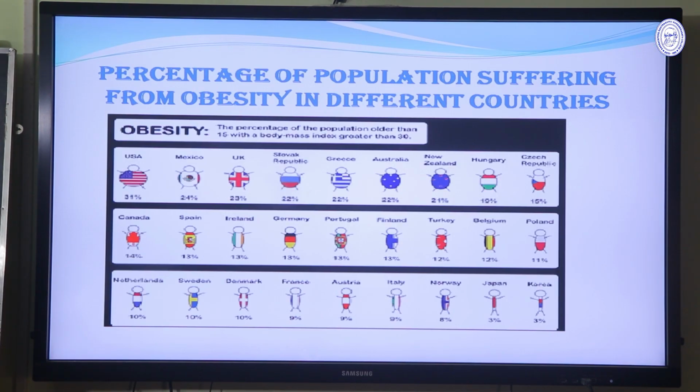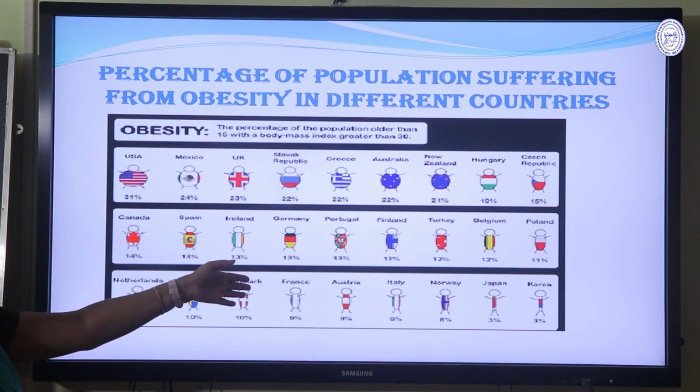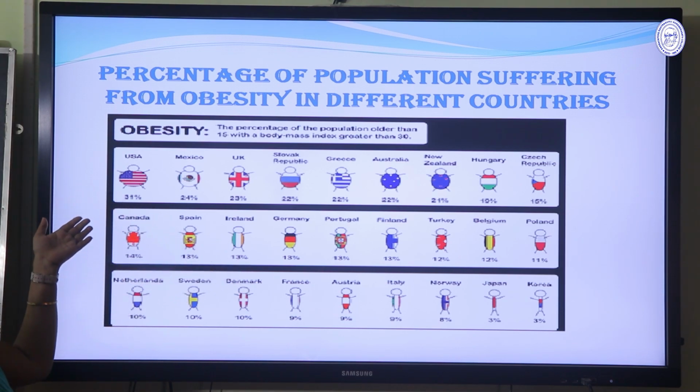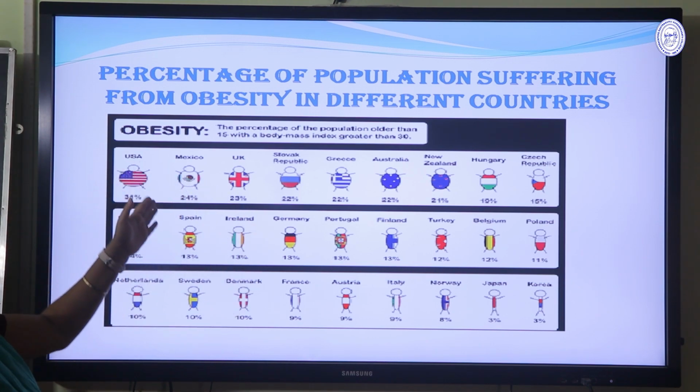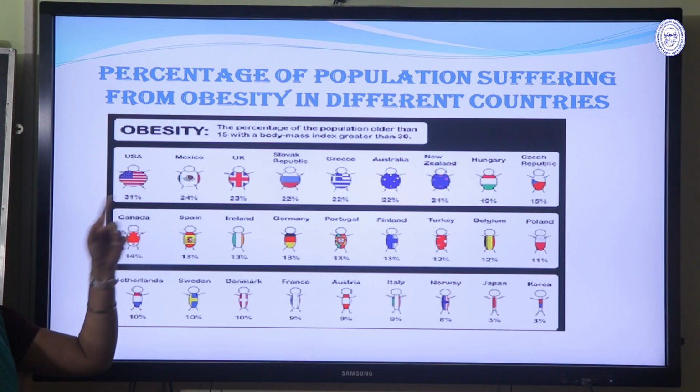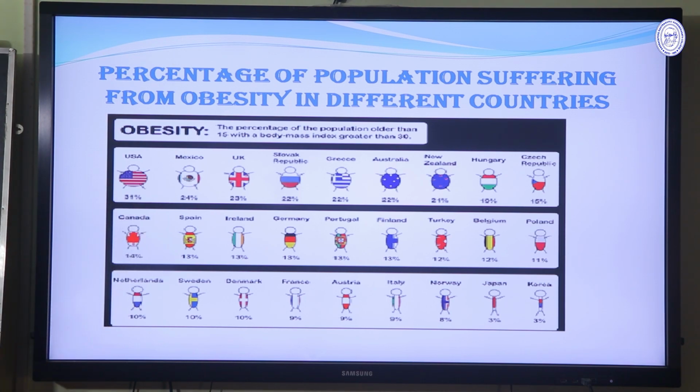It is definitely a disease, a burden of prosperous countries. This is a figure that indicates the total population suffering from obesity and overweight. This data shows the national flags of different countries and the percentage suffering from obesity in those particular countries.